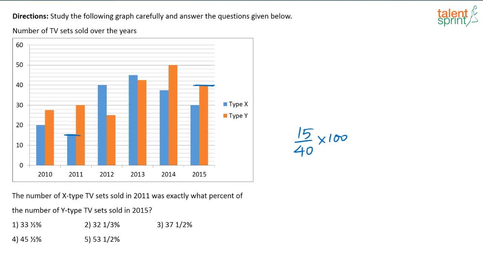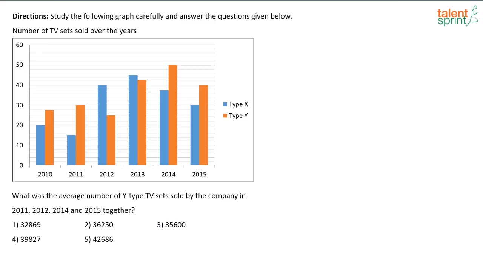X-type in 2011 is 15, Y-type in 2015 is 40. Find this percentage. 15 by 40 will be 37.5%. 3 by 8, correct? 1 by 8 is 12.5, so 2 by 8, 3 by 8 will be 37.5. Option 3, correct.